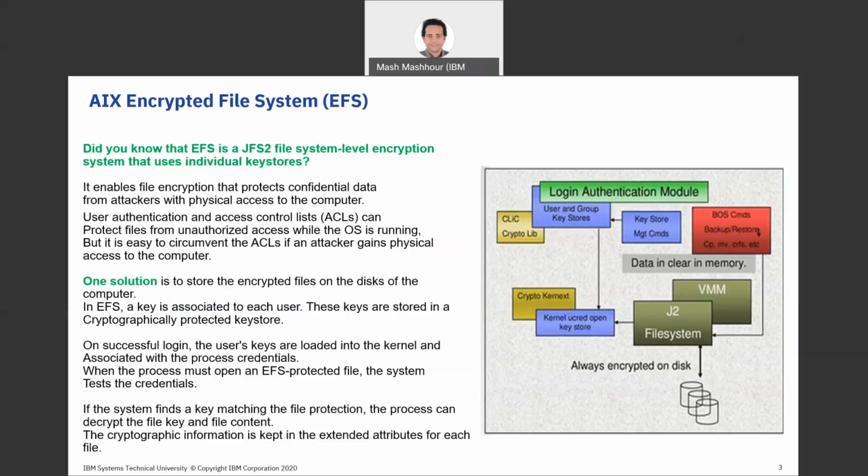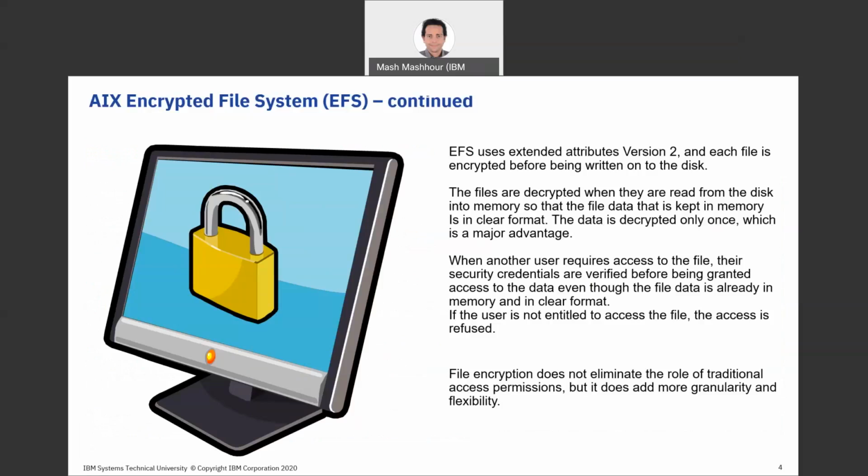If the operating system finds a key matching the file protection, the process can decrypt the file key and file content, and the cryptographic information is kept in the extended attributes for each file. This encrypted file system uses extended attributes version 2 on top of the enhanced journaling file system.